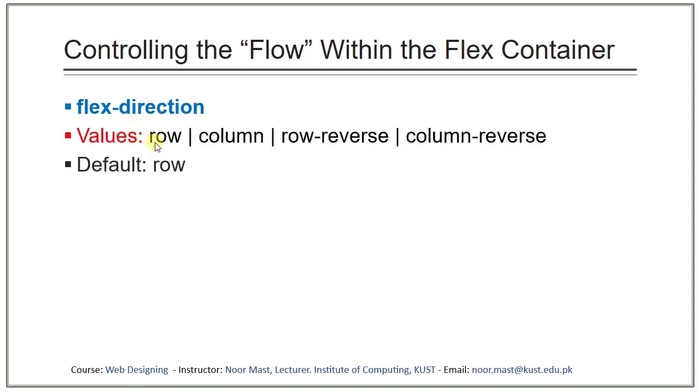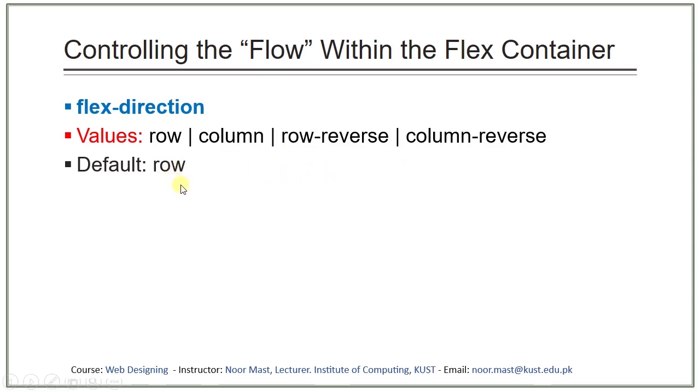The possible values of the flex-direction property are row, column, row-reverse, and column-reverse, where the default value is row.